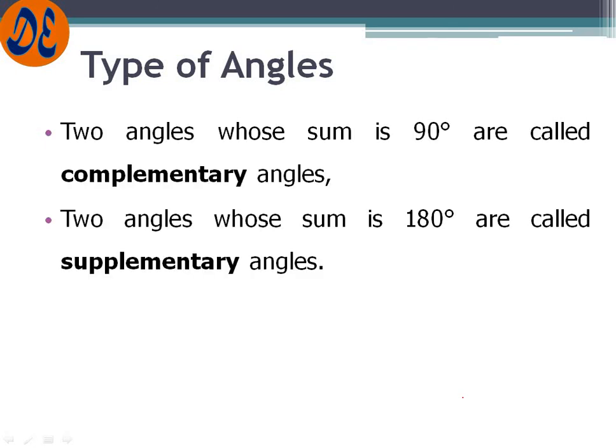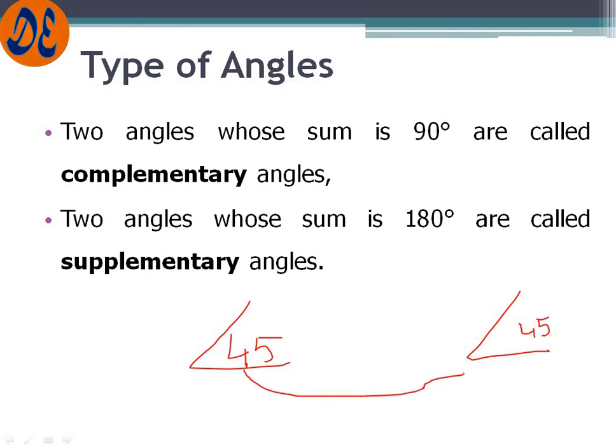So here we will be discussing more how there are certain confusions in complementary and supplementary angles. Like, if one angle is 45 degrees, then another angle which is also 45 degrees is called the supplementary angle of this one. Why?